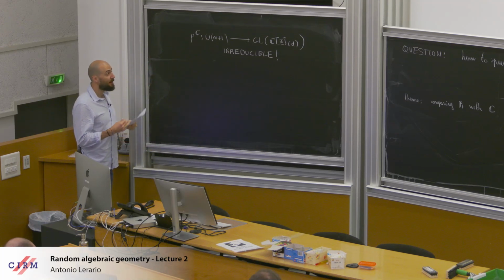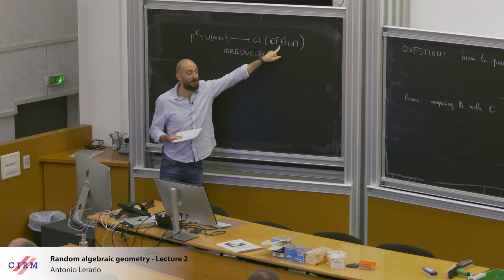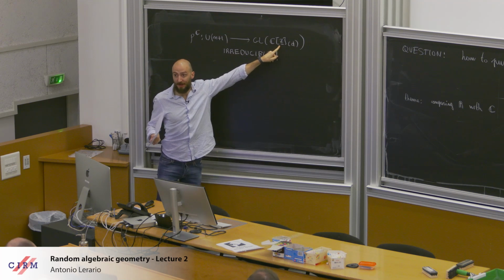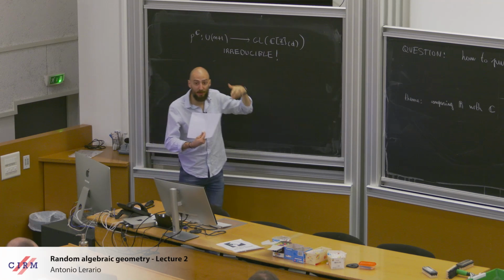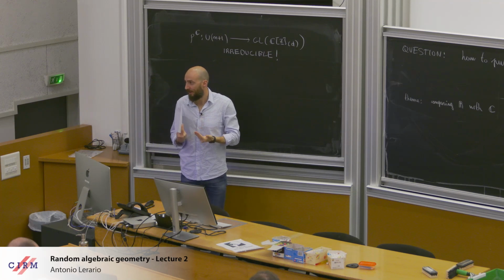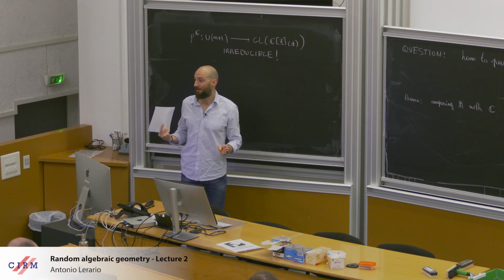That means that if you want to put a Hermitian scalar product on this space which is invariant under the action of U(n+1), so if you want to solve the same problem, how to find now not a real but some Hermitian product, by Schur's lemma you only have one choice.